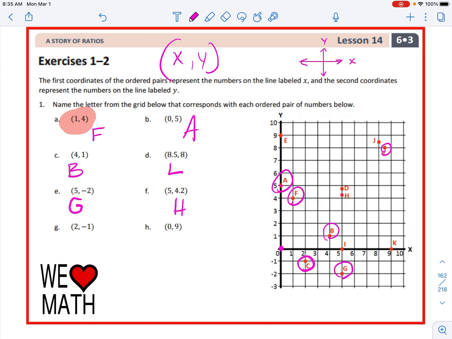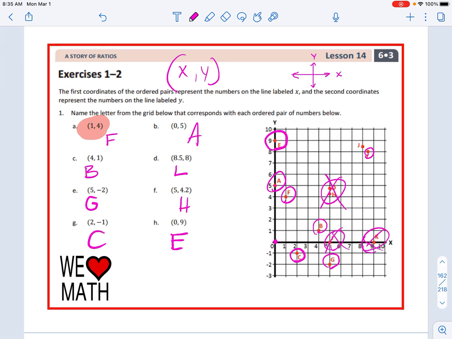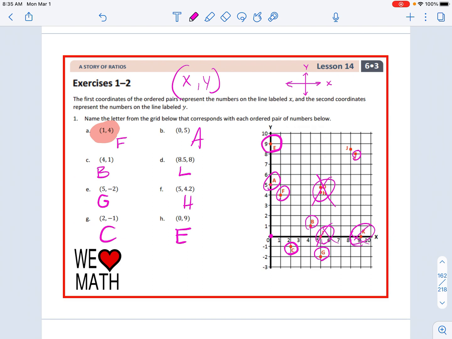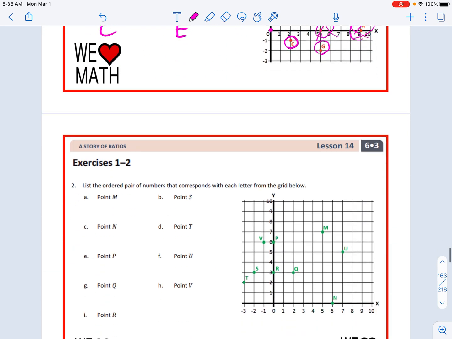Over 2, down to -1, that is C. And letter H, the last one, is 0 and 9, and that's going to be E. There were a few that we didn't use; they were trying to confuse us, so we did not use those. Things to remember: ordered pairs are always X, Y. X is horizontal, Y is vertical.